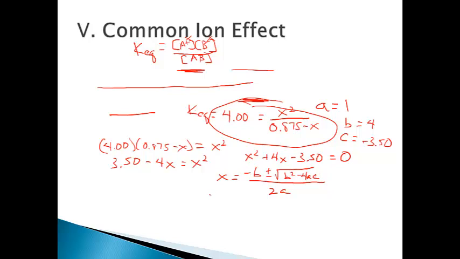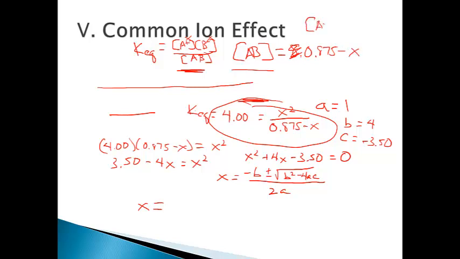Okay, and then don't forget, once you're done, x is not your concentration of AB, right? Concentration of AB was equal to the initial 0.875 minus x. Okay?